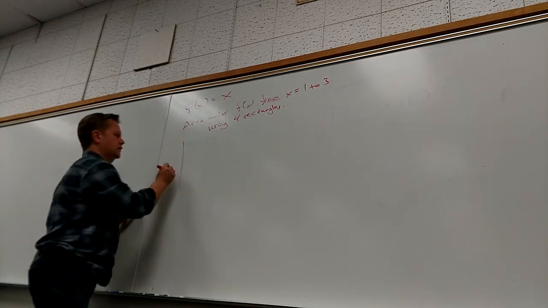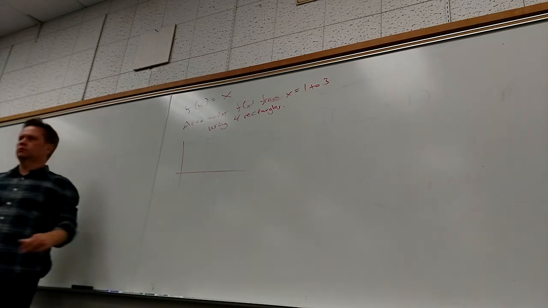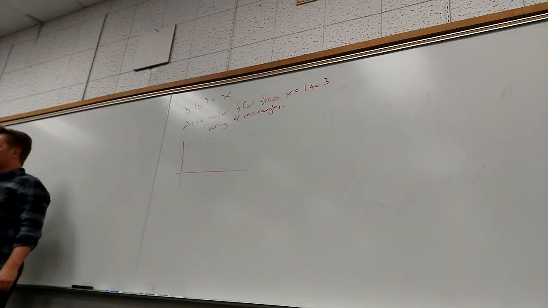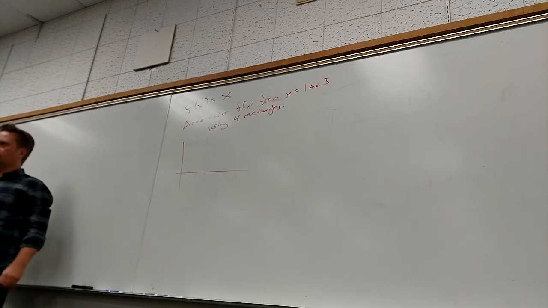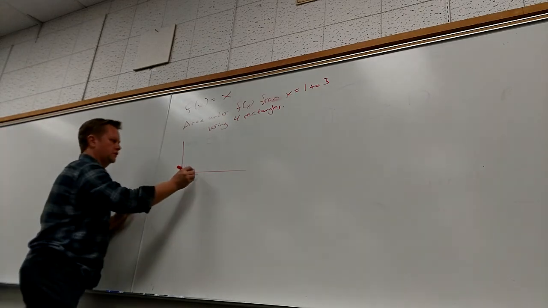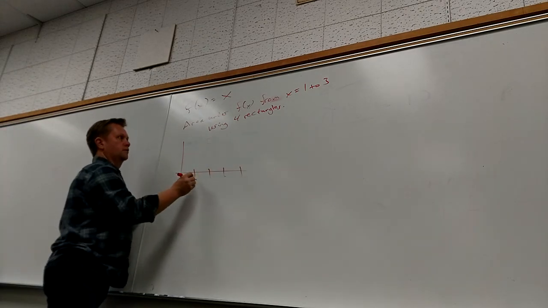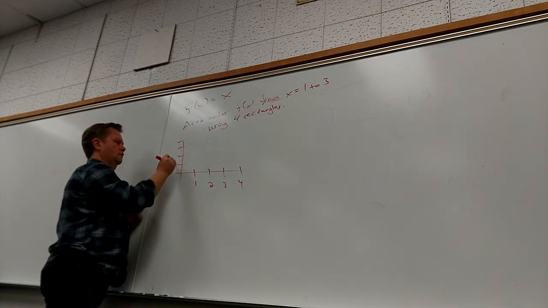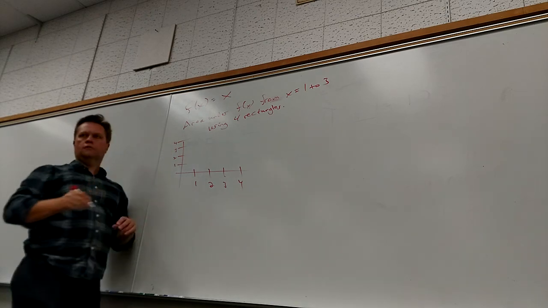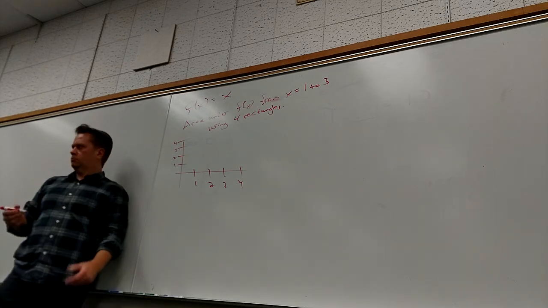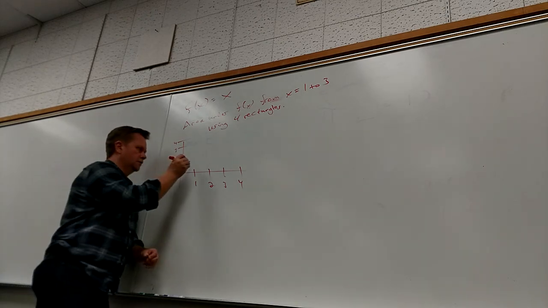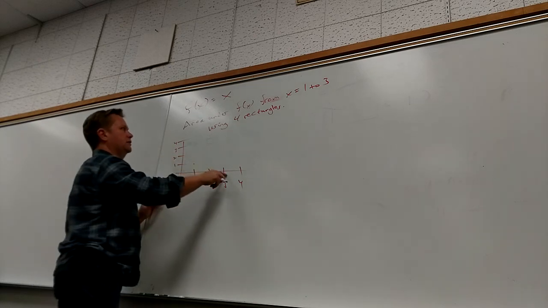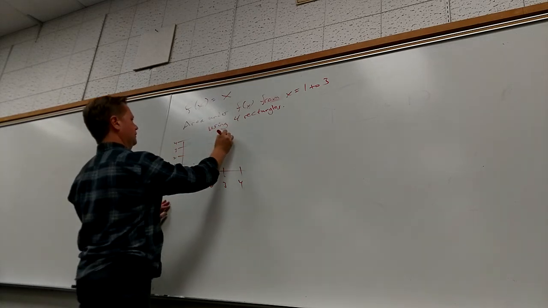So if I graph this, what's it going to look like? Graph it real quick. Draw a sketch, and give yourself some scale. At 1 it's 1, and at 3 it's 3.